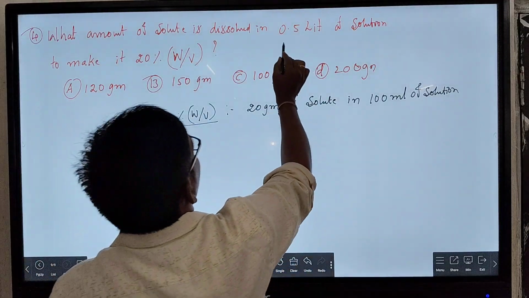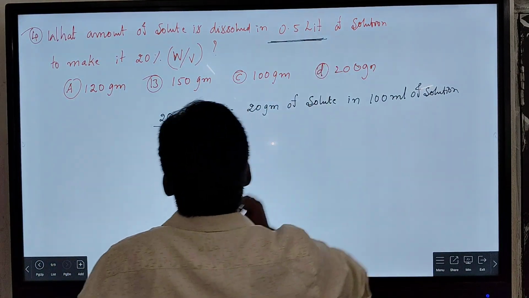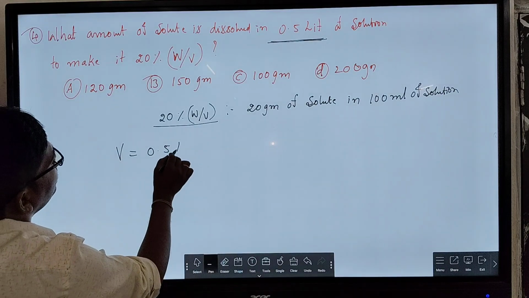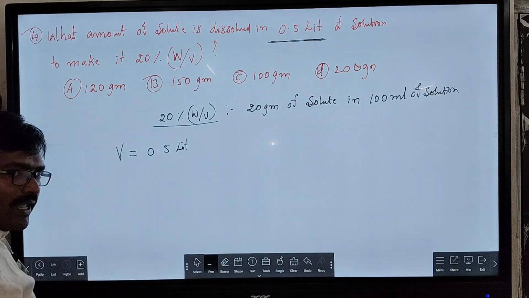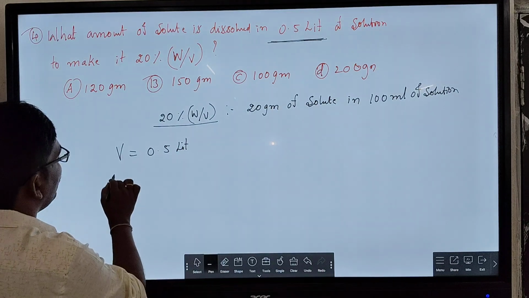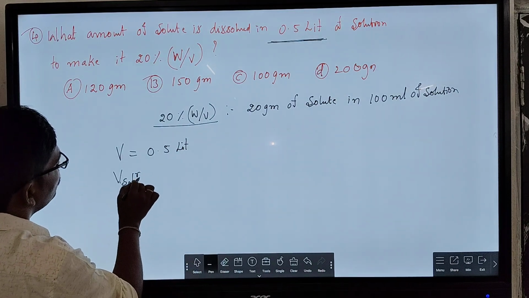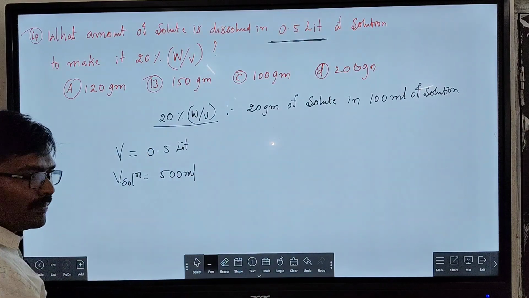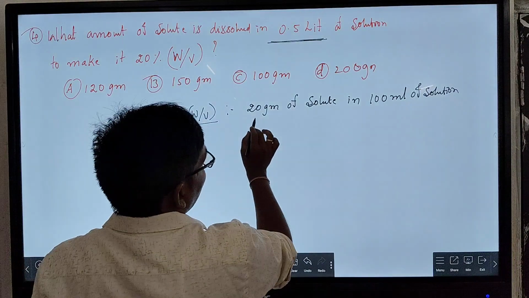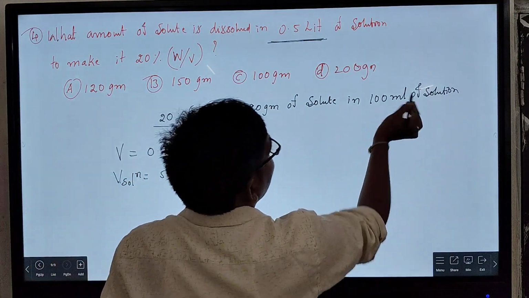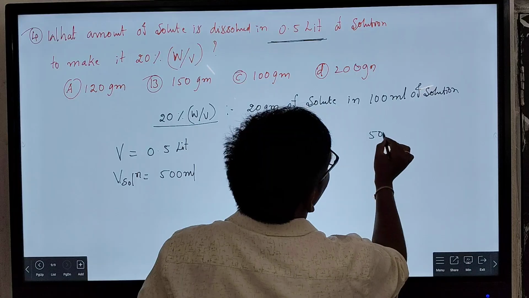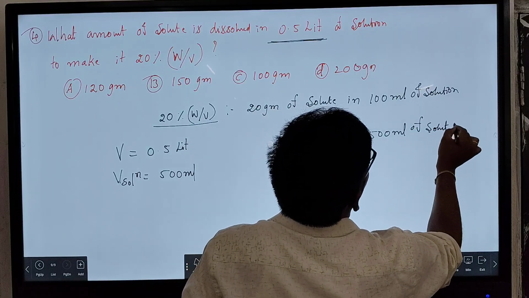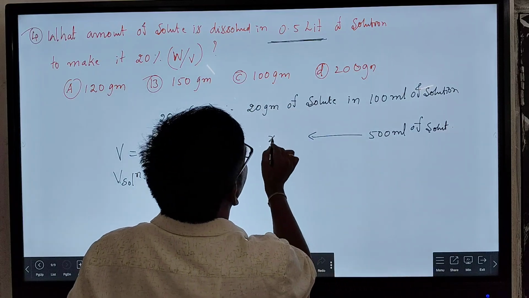Then here the solution volume is given in liters, 0.5 liters. In milliliters, how much is the solution volume? 500 ml. Now, 20 grams of solute in 100 ml. Then if you take 500 ml of solution, how many grams of solute do you have to take?